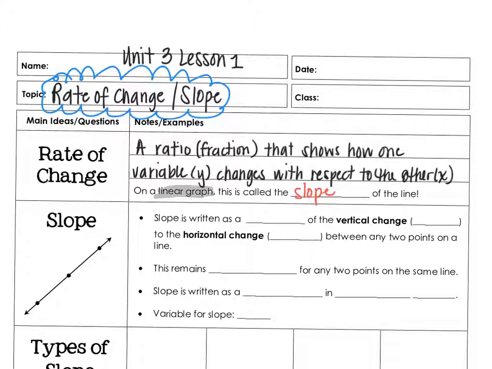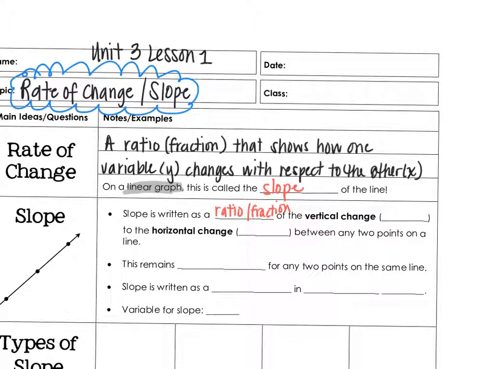Slope is written as a ratio or as a fraction. It means the same thing, okay? Slope is written as a fraction of the vertical change, which is the rise, to the horizontal change, which is the run, horizontal run. So you can think about between any 2 points on the line.